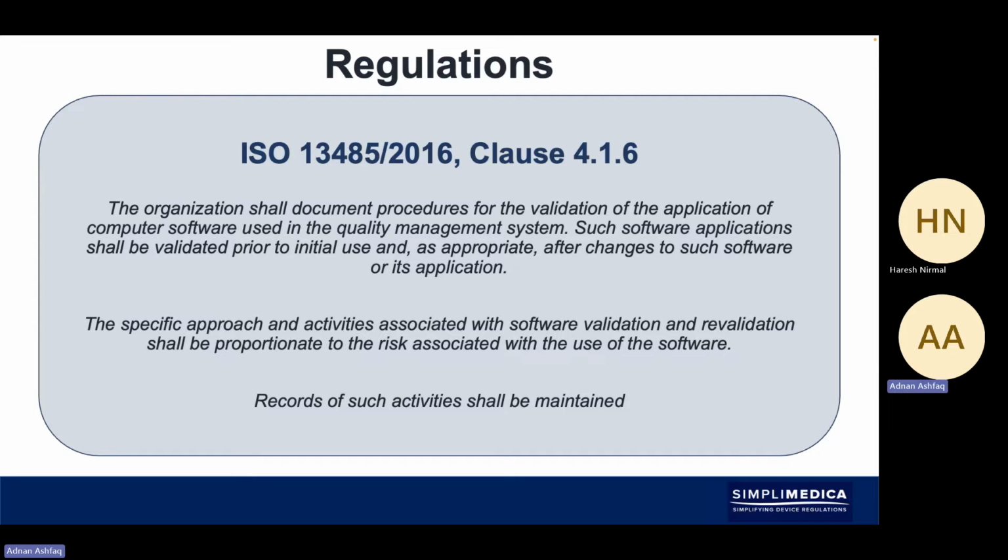Such software applications shall be validated prior to initial use and as appropriate after changes to such software or its application. The specific approach and activities associated with software validation and revalidation shall be proportionate to the risk associated with the use of the software. Records of such activities shall be maintained.